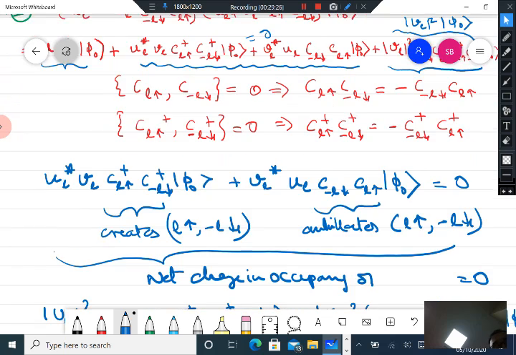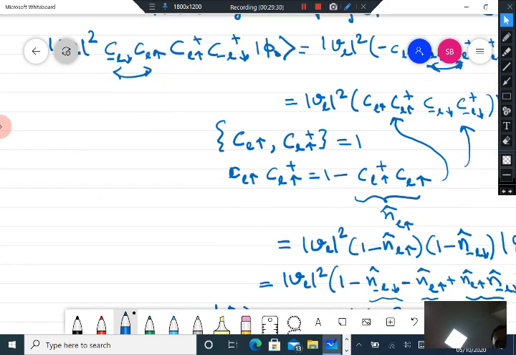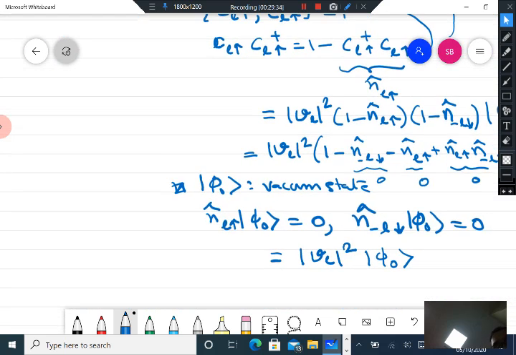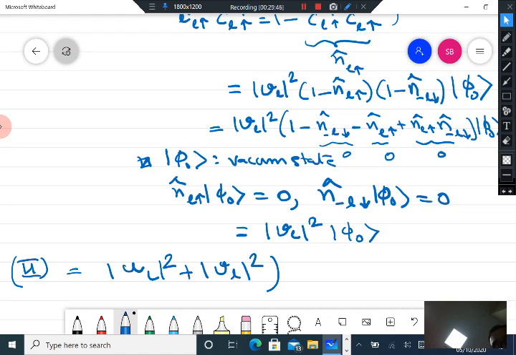So the term 2 in your expression, you will have to go back to your video and see, but the term 2 in your expression basically equates to |UL|² plus |VL|² times phi naught, which is just phi naught as this is equal to 1.